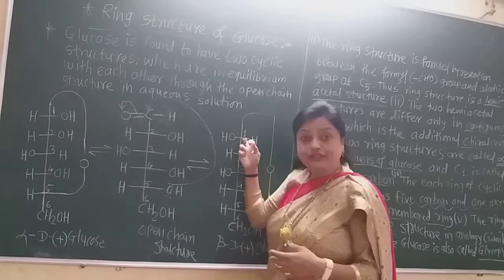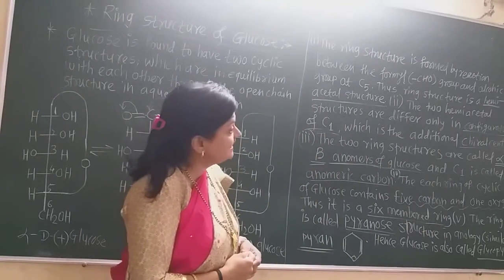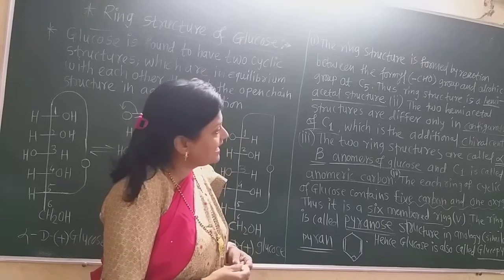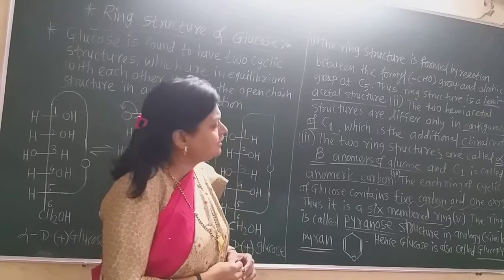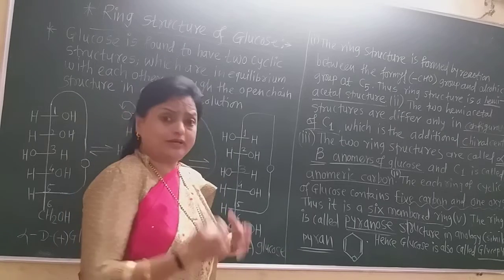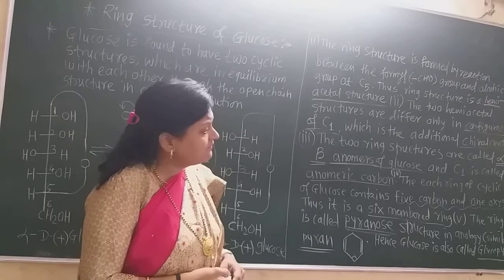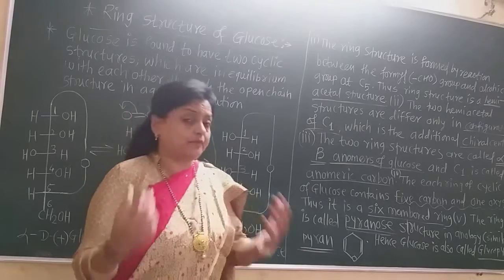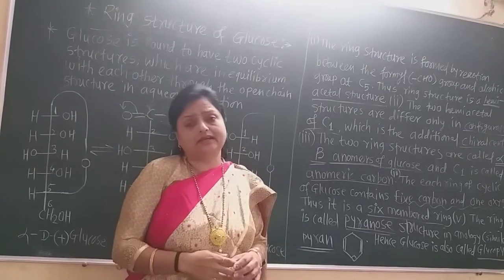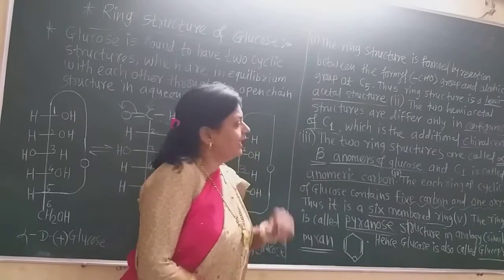A new chiral center is formed at the C1 position, and the two ring structures are called the alpha and beta anomers. Anomers means similar structures of glucose that differ only at that carbon, and C1 is called the anomeric carbon. Remember that.